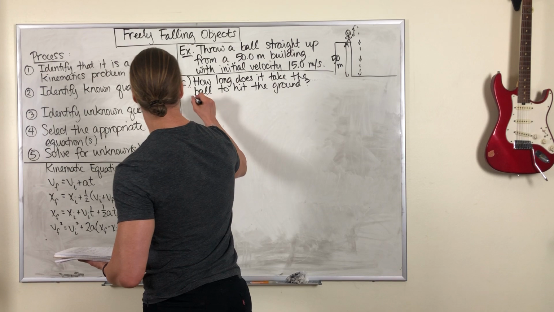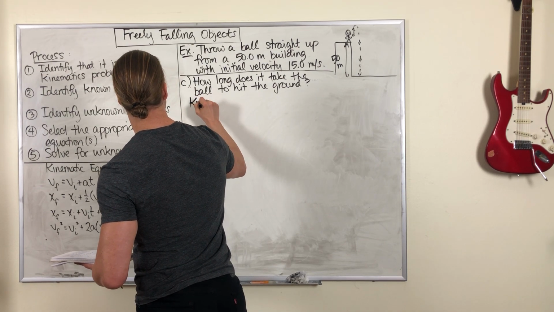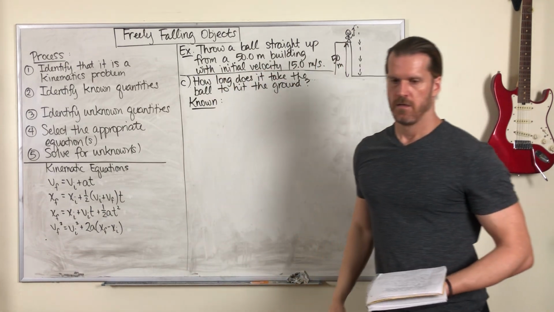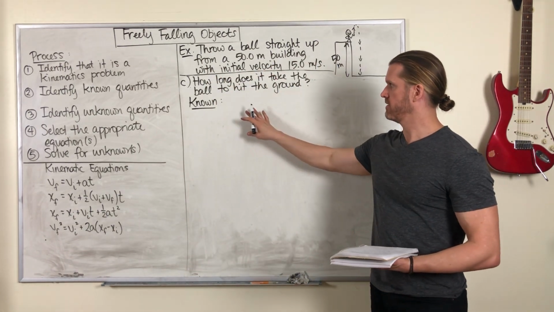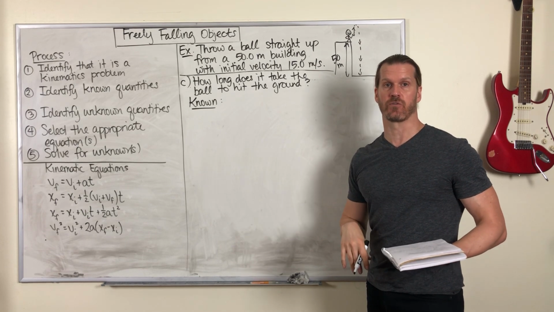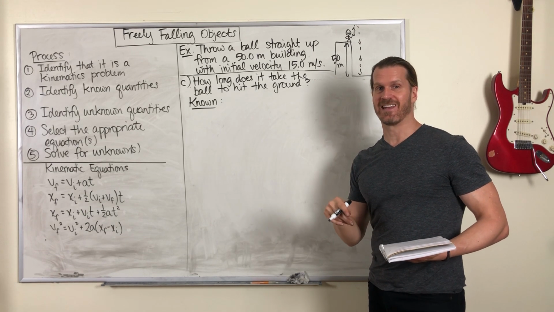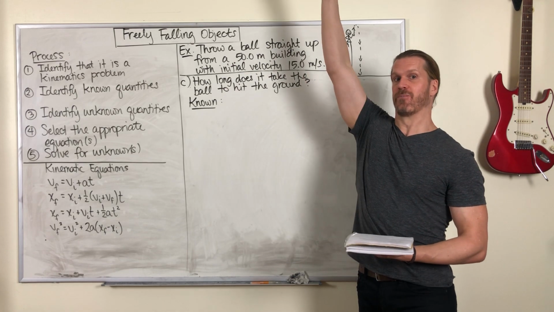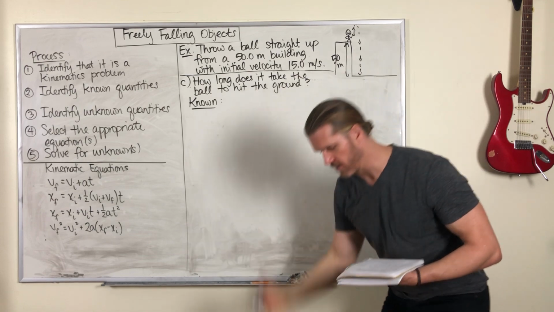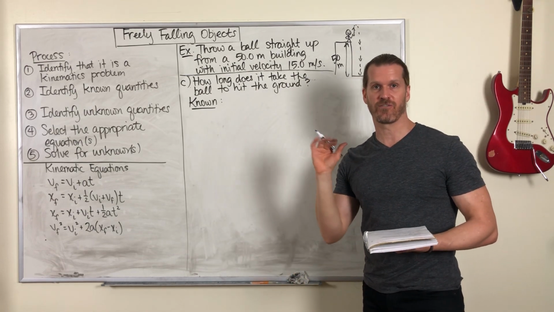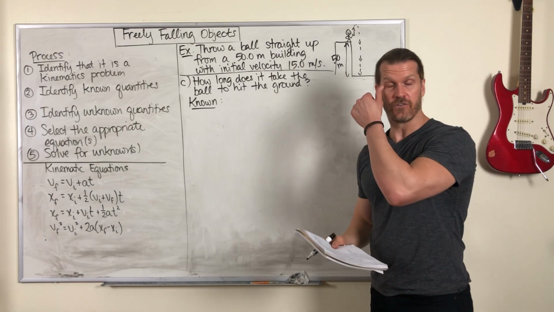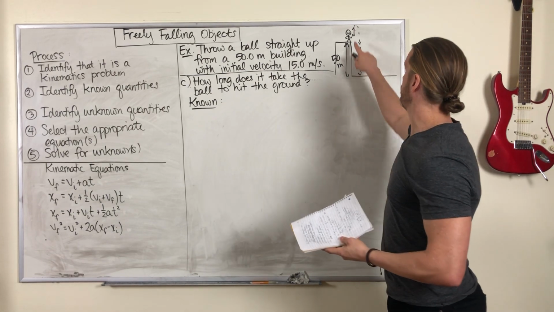Let's do our process. Here's what we know. Keep in mind that now the final situation is the ball hitting the ground. For parts A and B, final situation was when the ball was at the maximum height. Now, the final situation is when the ball reaches the ground. So adjust your thinking for what these labels, initial and final, mean now. Initial's the same. Initial is still when you throw it off the building.